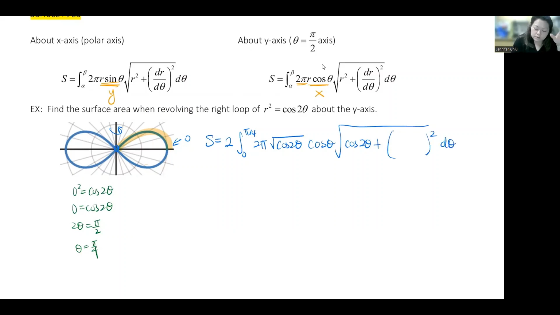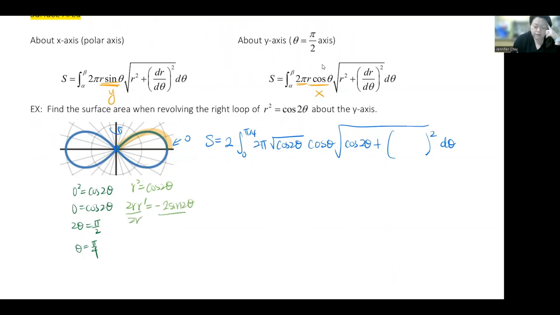Okay, so the derivative of this, for me personally, I would actually use implicit differentiation. You could go ahead and square root both sides and get r equals root cosine 2 theta. It's just a preference thing; you get the exact same answer. All right, so r squared equals cosine 2 theta. If I were to do implicit, I get 2r r prime equals negative 2 sine 2 theta, right?